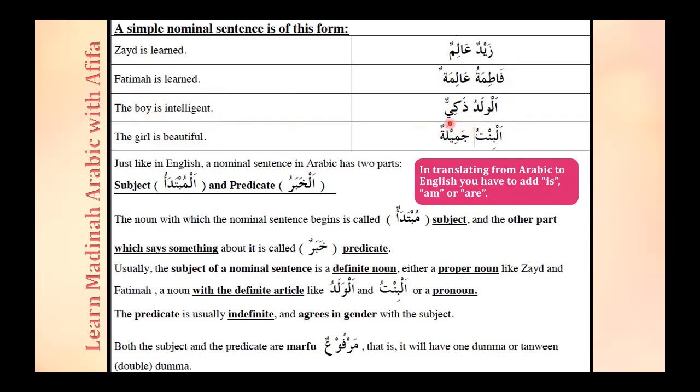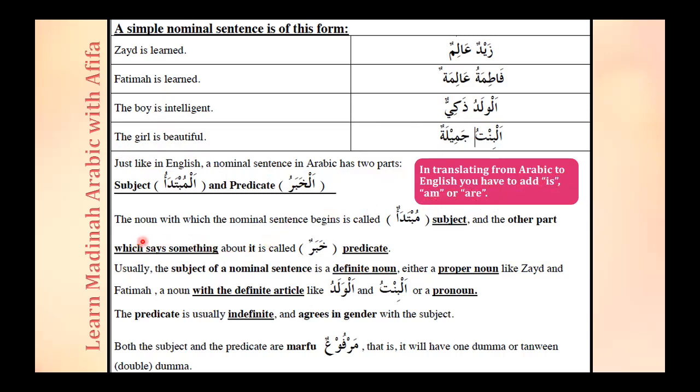Dhakiyun means intelligent. The boy is intelligent. Okay. So the next one, al-bintu jamilatun. What did you do? You put in this is here. The girl is beautiful. So in translating from Arabic to English, you have to add this is, or are, or am.